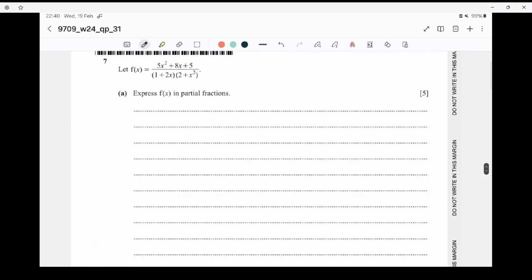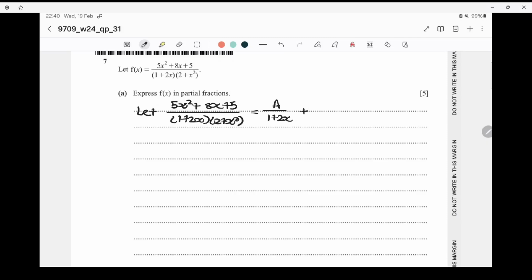So let f(x) equal to that rational function. Find the partial fraction. So you can let 5x squared plus 8x plus 5 divided by (1 plus 2x)(2 plus x squared). So the first term is A over 1 plus 2x.